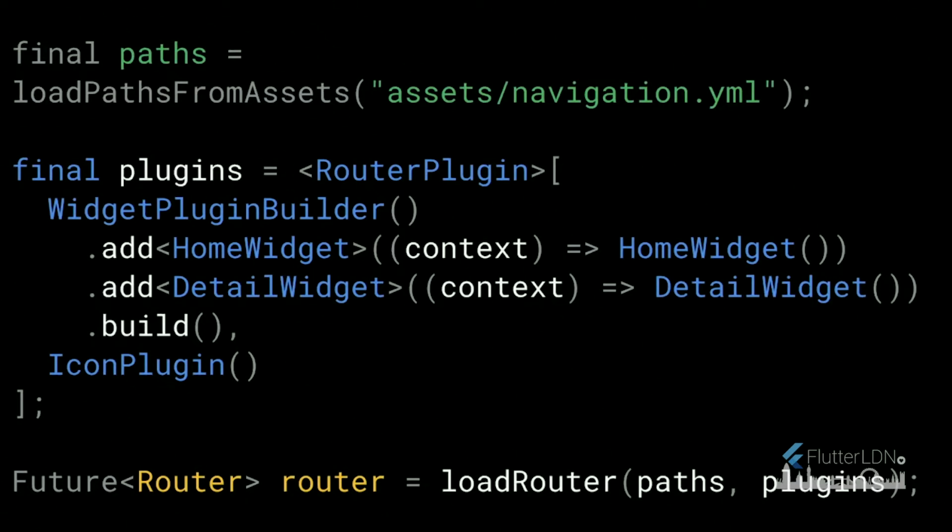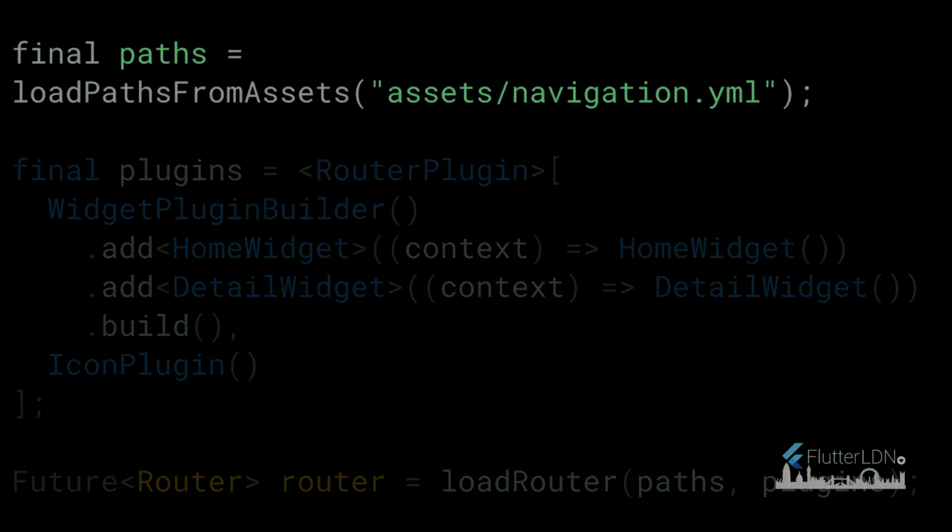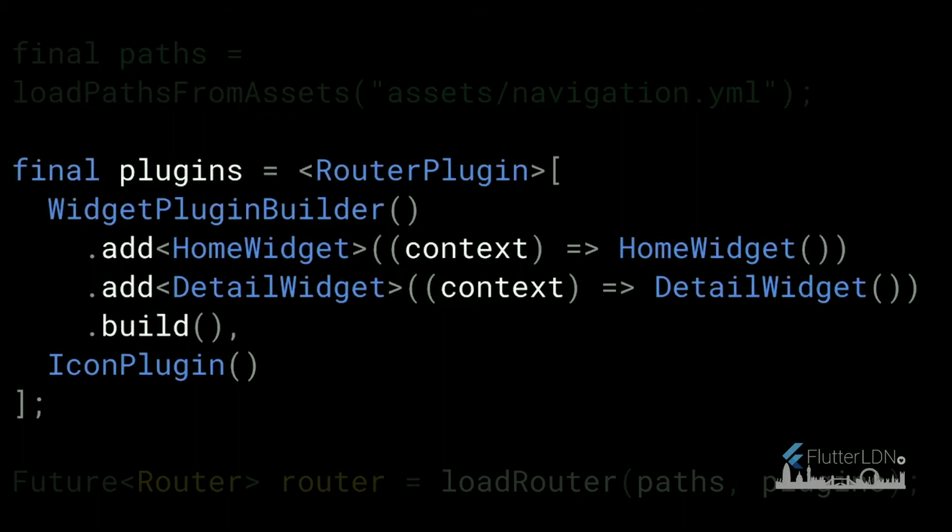Every library has its own boilerplate, and so does Voyager. To set it up for usage, you have to load your map from somewhere. Here I put it in the assets folder, but you could as well load it from the internet or from a JSON file. And then the other important ingredient of using the router is our plugins.